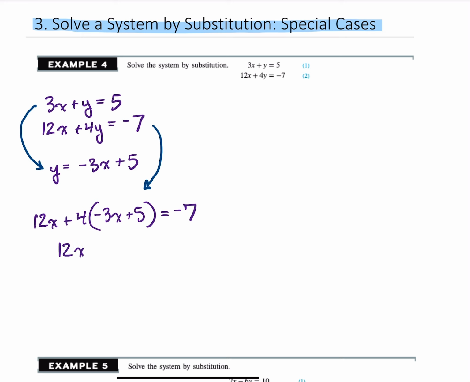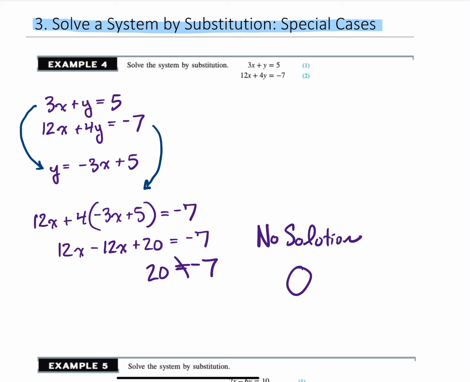So 12x, this will become minus 12x plus 20 equals negative 7. Notice the x's will cancel and I get this expression 20 equals negative 7, which is definitely not true. This is an indication that we will have no solution if you get something like this. There's no x, y values that will solve this.